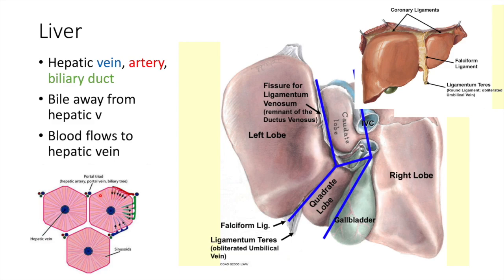And in each of these hepatic cells, bile flows away from the hepatic vein, and that's what's in the center, from our hepatocytes, and blood coming from our veins and our arteries, the blood is traveling toward that hepatic vein.